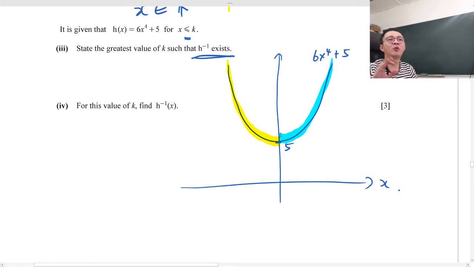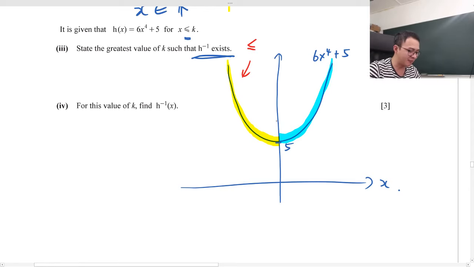I can only take one of them, but I cannot take all together, because all together you shouldn't have the inverse. But because of the sign less than, I have no choice but to only take the yellow side, the yellow color.